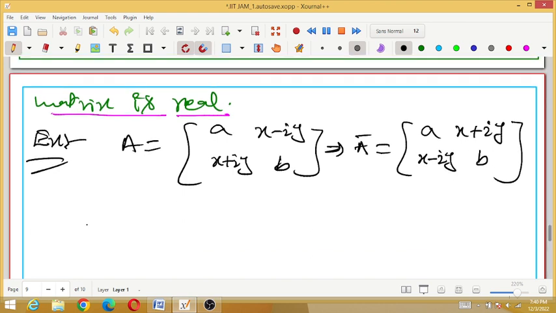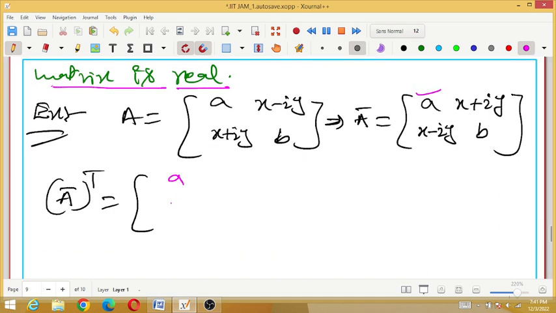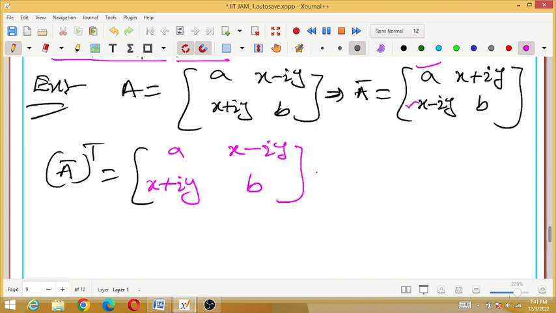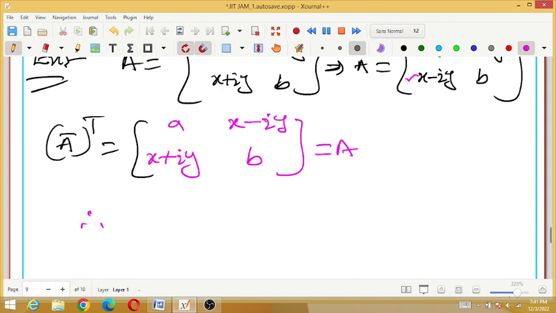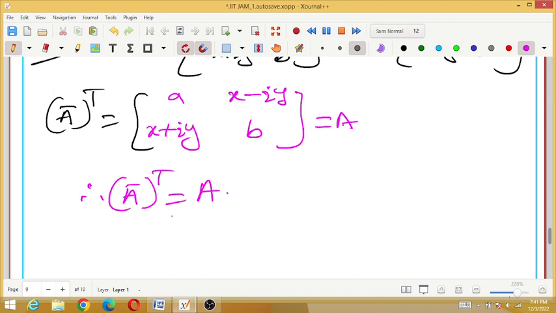We want to do the transpose of the conjugate: the first row becomes the first column, a, x plus iy, and the second row becomes the second column, x minus iy, b. See here, that is what this A is. Therefore A conjugate whole transpose is equal to A. So here A is called a Hermitian matrix.